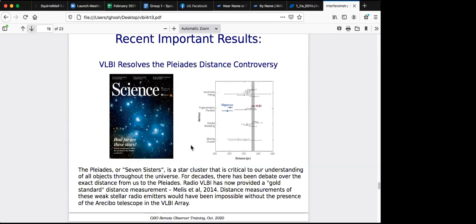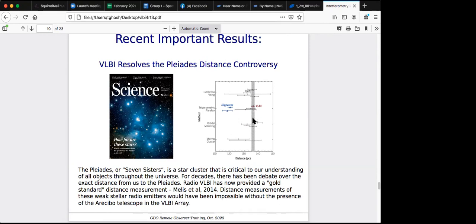There's some science. Again, I'm just going to zoom through. There was one very important result that resolved the distance controversy to the Pleiades cluster. Measuring distance in astronomy is actually a big problem. So there was a controversy with Pleiades distance.